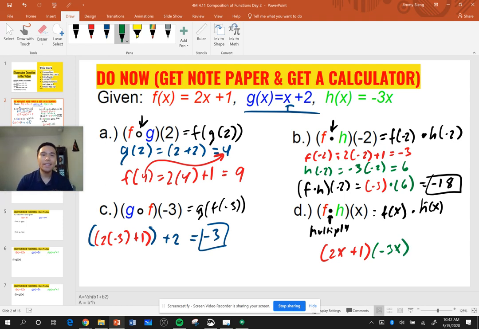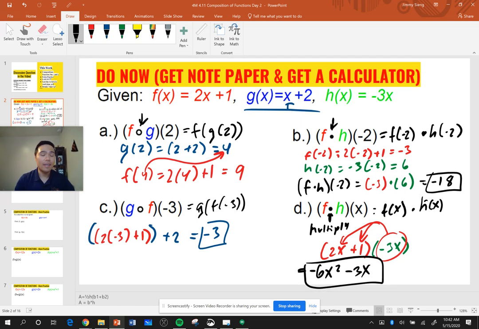So you can see this as distributing. There's negative 3x outside of there, so we're just going to multiply that to each one of those. That's going to give me negative 6x squared plus negative 3x, which is minus 3x. That is our warm-up. Fun, right?